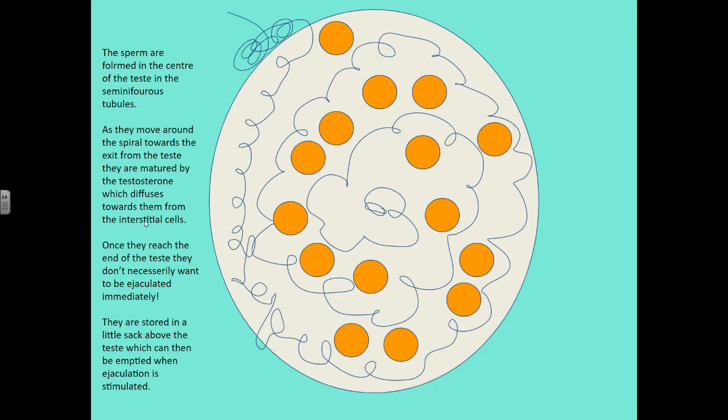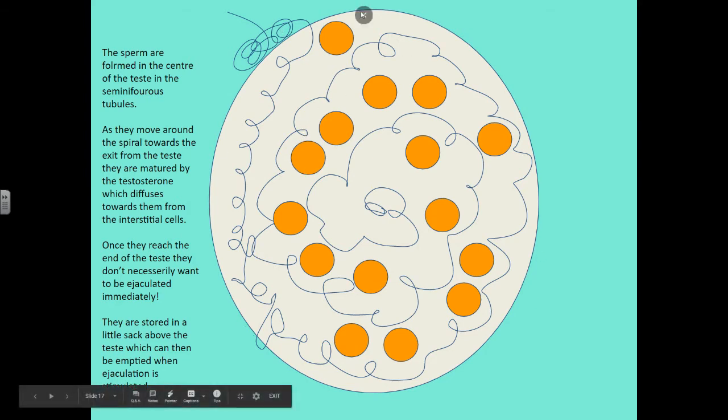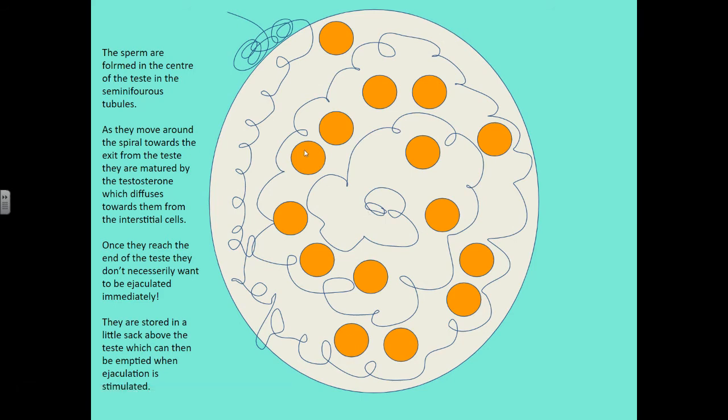So the testosterone diffuses out and it gets into the seminiferous tubules. When it gets in, it comes in contact with the sperm and it helps to mature it. So that's one of the functions of testosterone, is produced by the interstitial cell. It diffuses into the seminiferous tubules and matures the sperm.